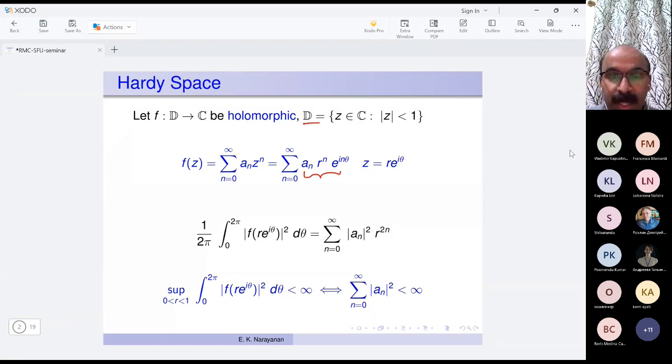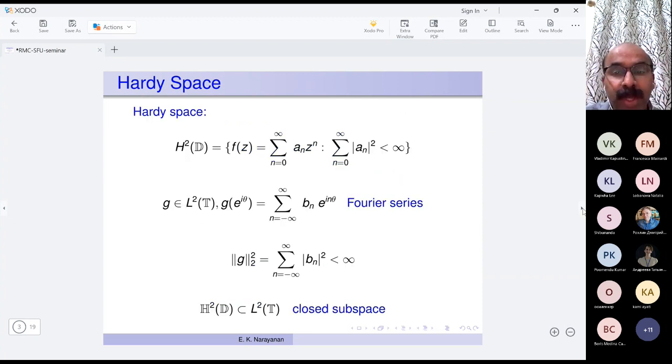Because of the Fourier series, when you take the L2 norm, you get exactly summation |a_n|^2 r^{2n}, and take the supremum over 0 less than r less than 1, you're going to get the L2 norm of the Taylor coefficients. And this is your Hardy space, the space of all holomorphic functions in the disk whose boundary values are in L2.